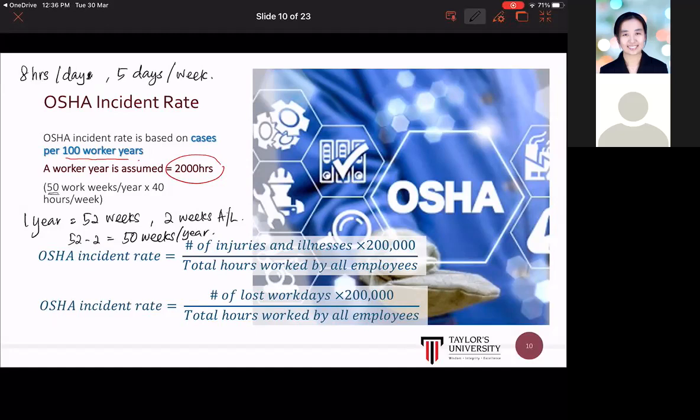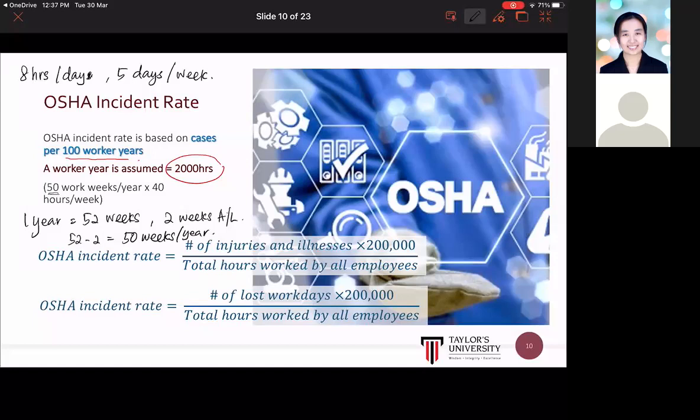If you're given, okay, you're supposed to work from 8 to 5, but you calculate 8 to 5 is 9 hours. 8, 9, 10, 11, 12, 1, 2, 3, 4, 5 is 9 hours. So what happens to the 8 hour work day? If companies calculate it as 9 hours, it means they give you 45 minutes for your lunch break and 15 minutes for either the morning or afternoon break.